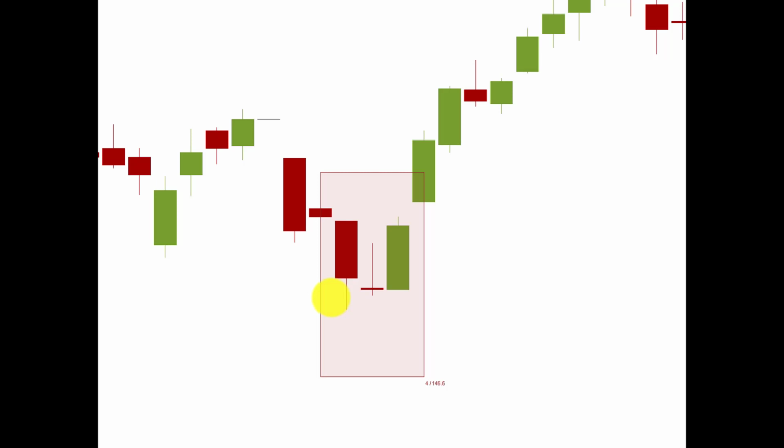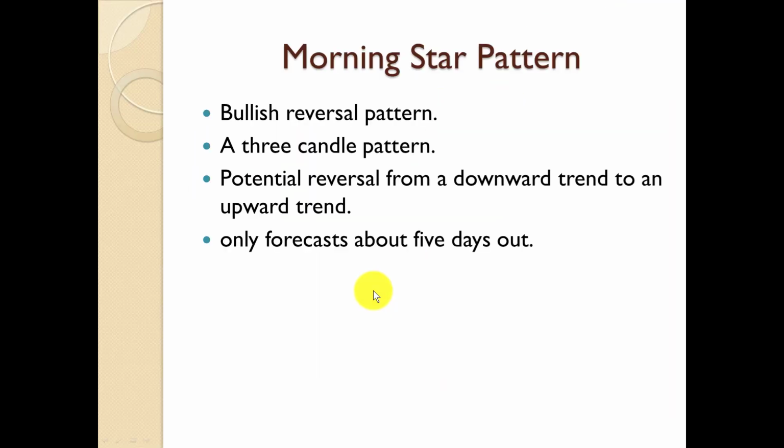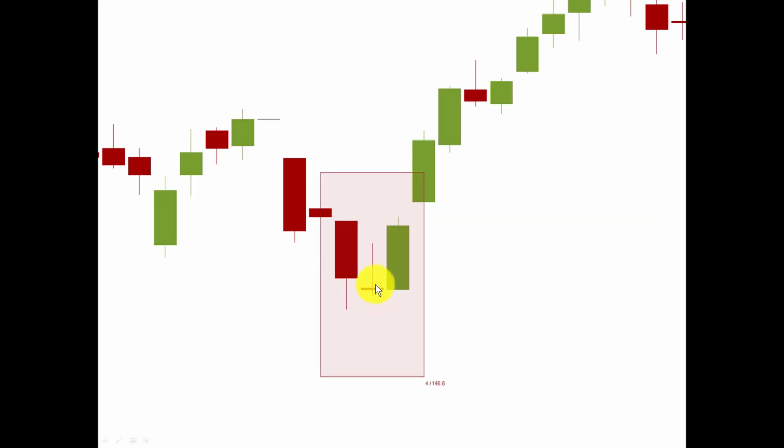So how does it look? This is how it looks. The morning star, I have told you, is a pattern with the middle one forming the star. So here in this case you can see that this middle one is forming the star, this one here.